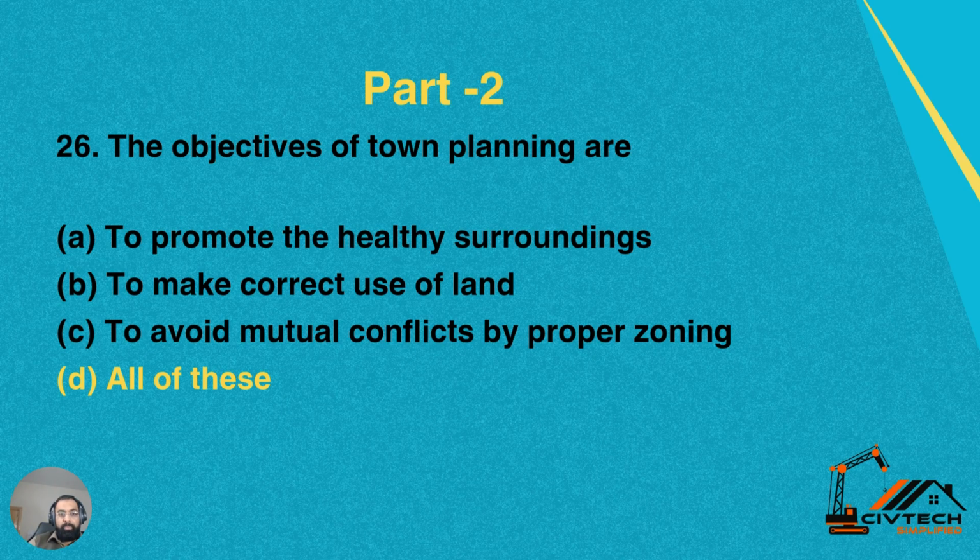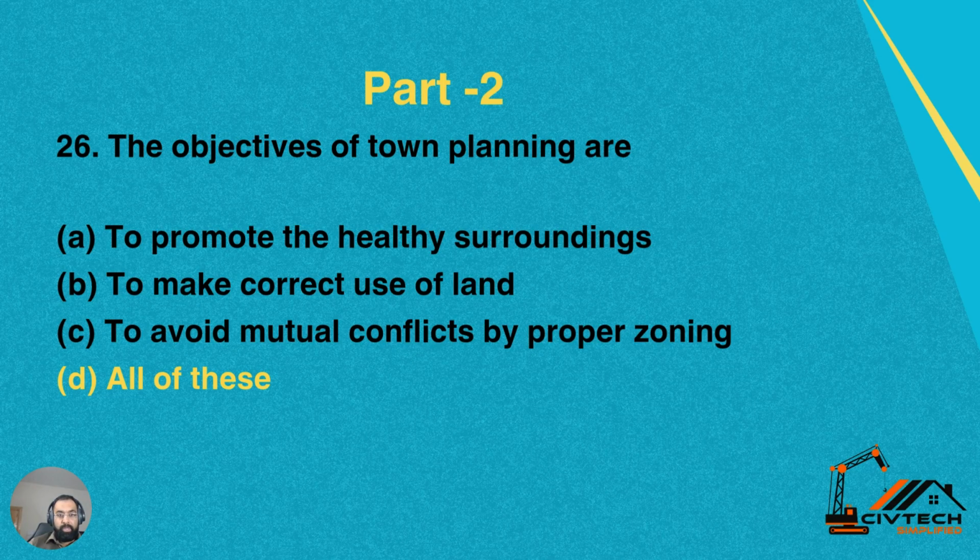Why do we do town planning? The objectives are very clear. All of these are correct. We want to promote a healthy environment for our town, the surrounding area, and overall for the city. We want correct use of the available land.